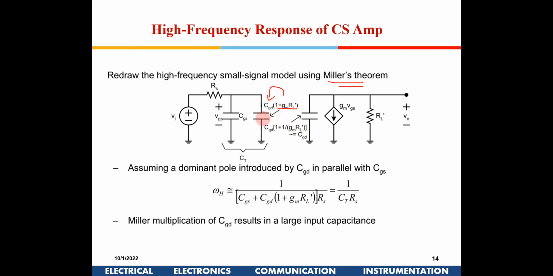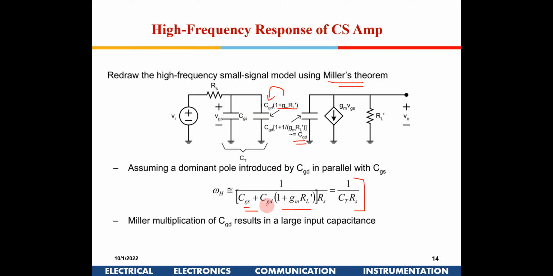So this is the capacitance out here. That will be reflected at the output side also as CGD, directly CGD. Whereas at the input side it will be 1 plus GM into RL dash, or even you can neglect this one also. Then straight away you can write these two capacitances are in parallel, so they just add up.